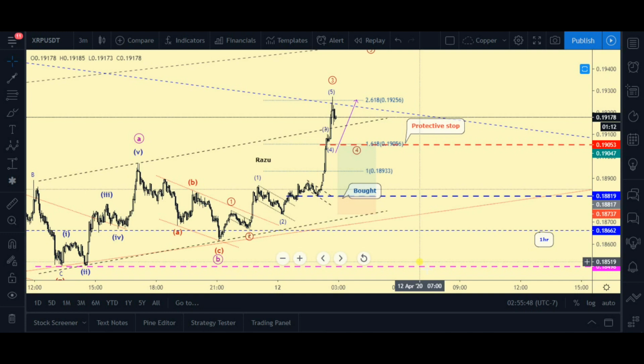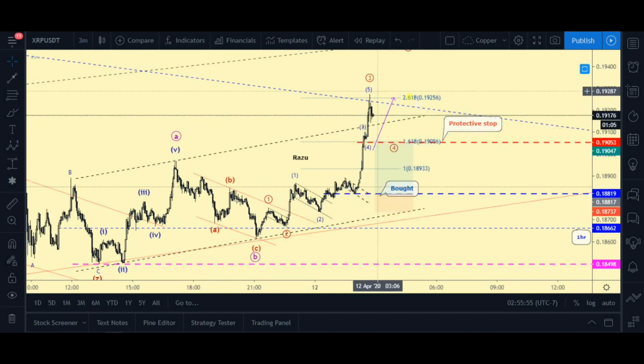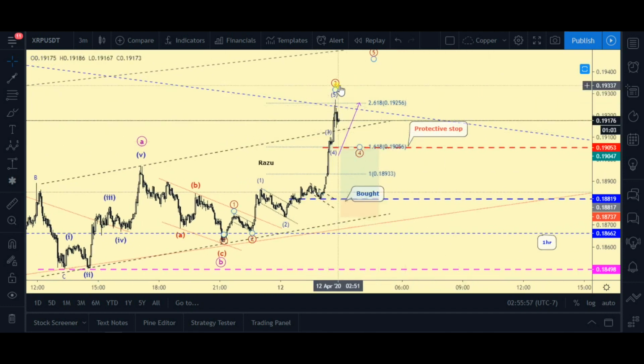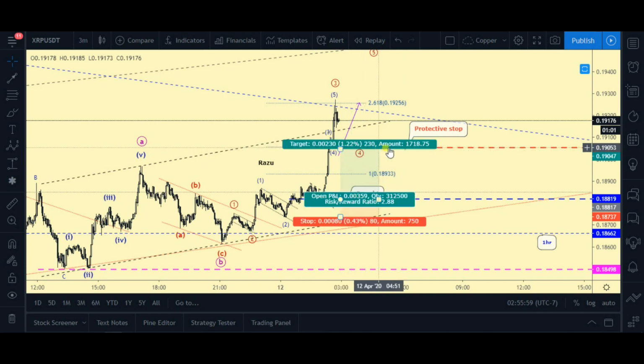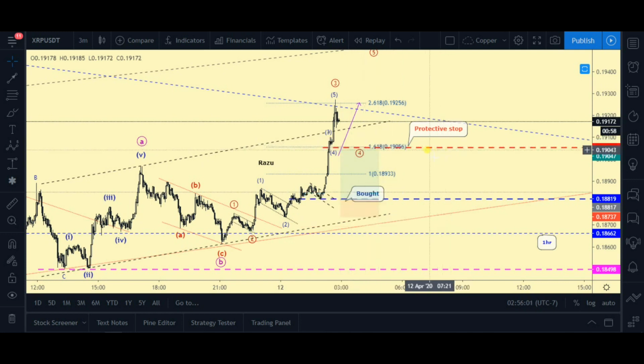Hello and welcome back once again. So now you can see once again that in the last video we were expecting if the wave 3 goes up, if this price goes above 161.8 Fibonacci extension, then it will hit this level here, and that would be the 261.8 Fibonacci extension.